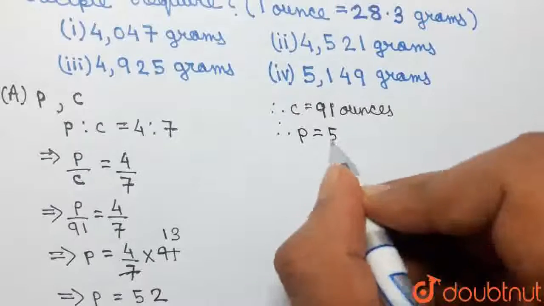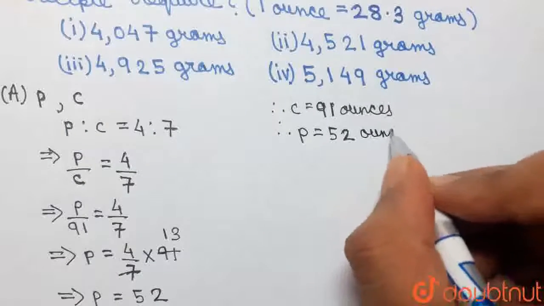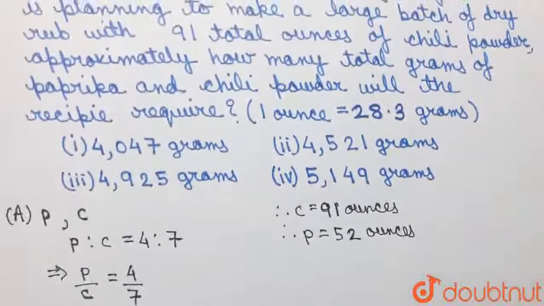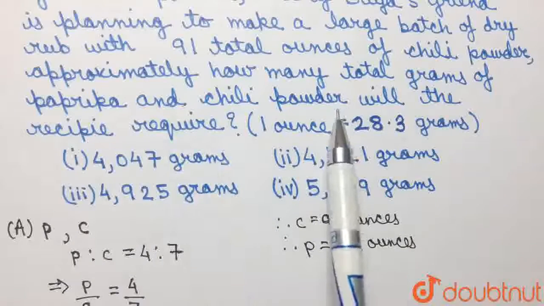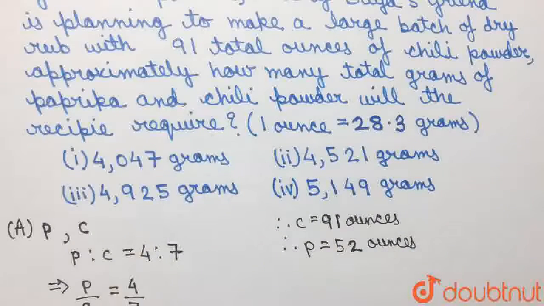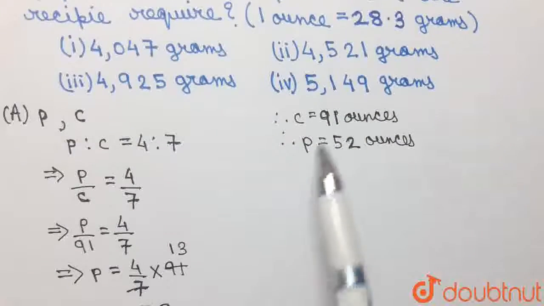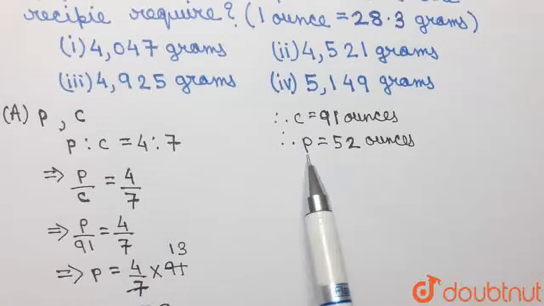52 ounces. Now the question asks us how many total grams of paprika and chili powder will the recipe require. Now the recipe will require 91 ounces of chili powder and 52 ounces of paprika.